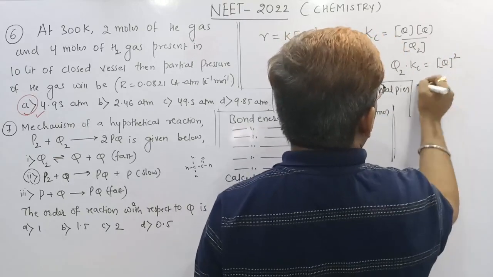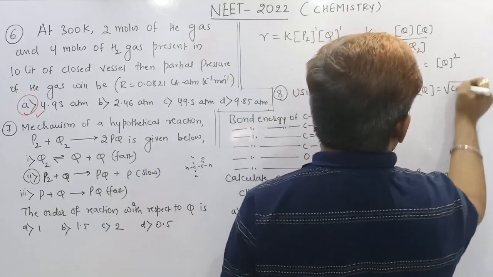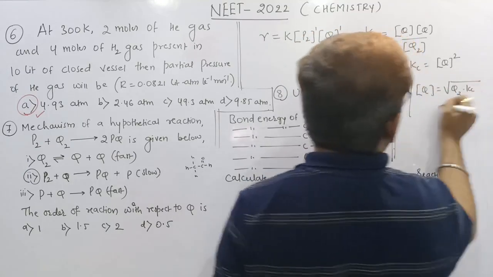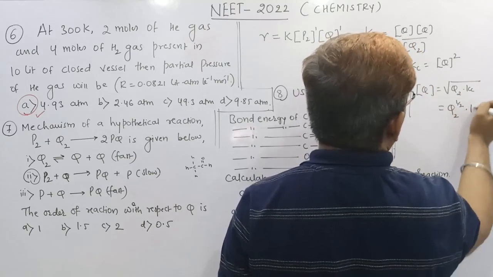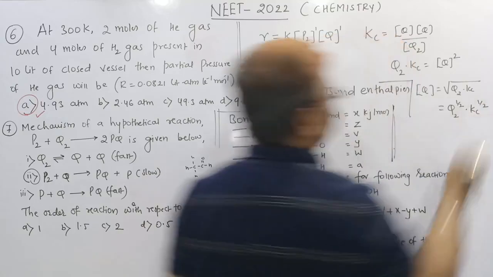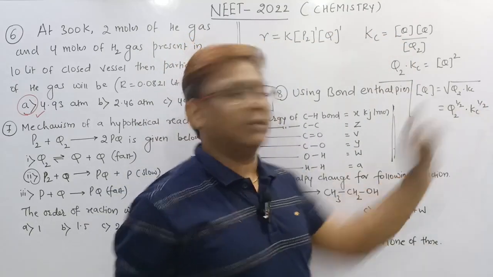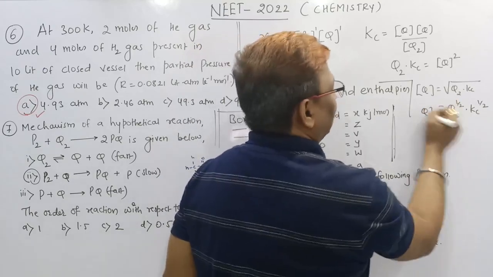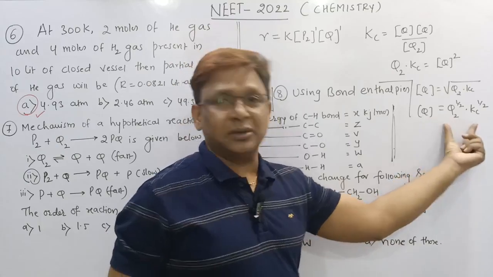If you solve it, concentration of Q is equal to under root of Q2 into Kc, which can be written as Q2 to the power of 1 by 2 into Kc to the power of 1 by 2. This is the value of concentration of Q.